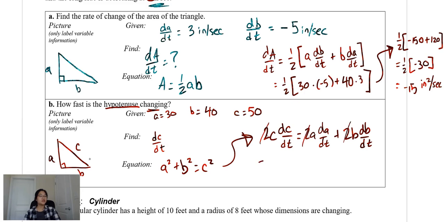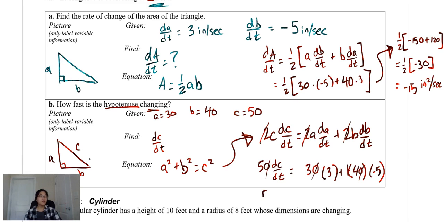We have C is 50, dC/dt is A, which is 30, times dA/dt, which was 3, plus B, which is 40, times dB/dt, which is -5. So then I'm just going to cancel out those zeros because that's not necessary. Just divide everything by 10, right?